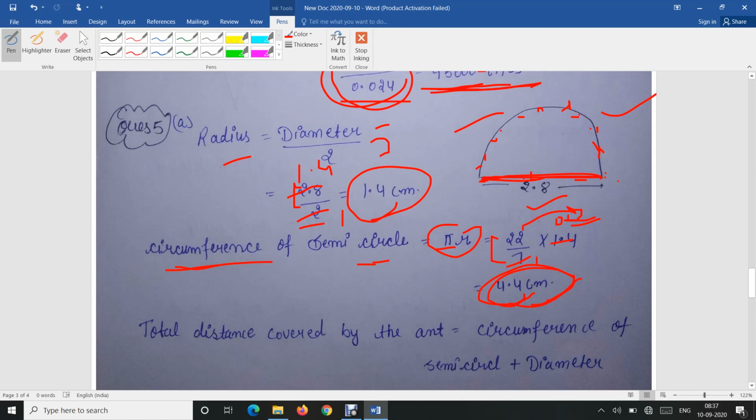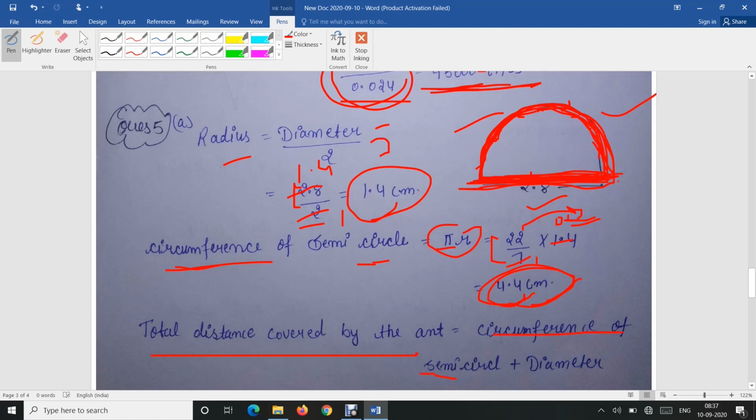Now this is the circumference of the semicircle, but we need to find the total distance covered by the ant. The ant will move on the whole figure, so we need to add this circumference and also this diameter.